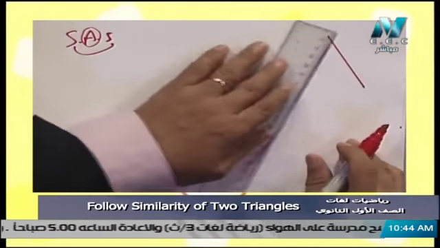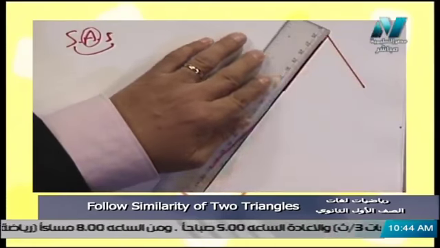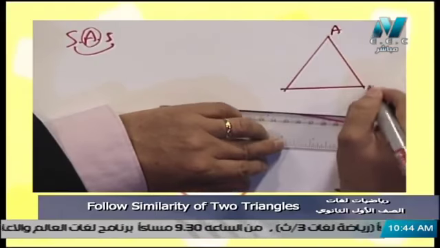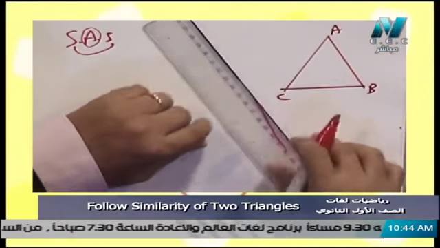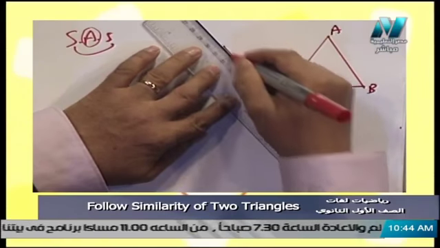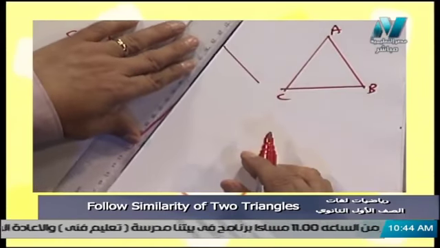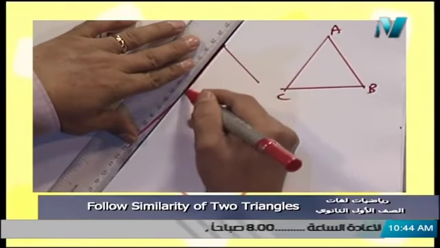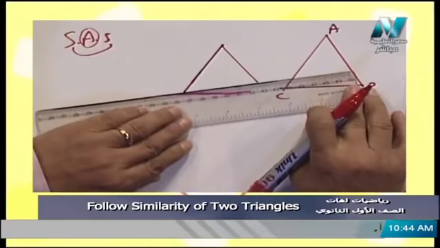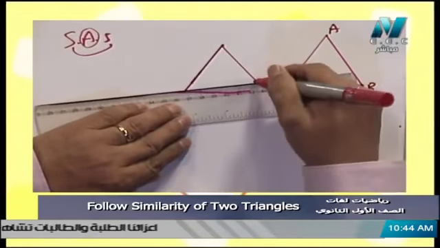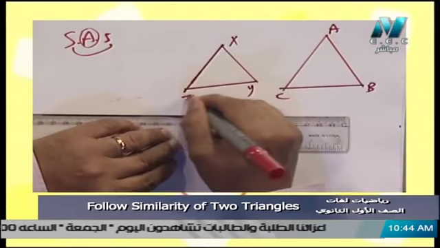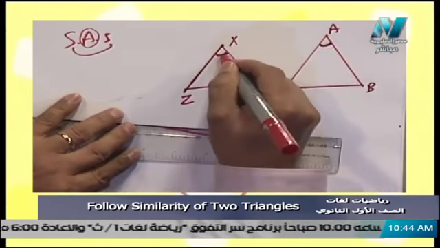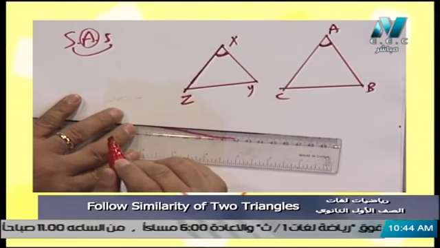If we have a triangle ABC, and another smaller one, which is triangle XYZ, and the measure of angle A equals the measure of angle X. This is the first condition.